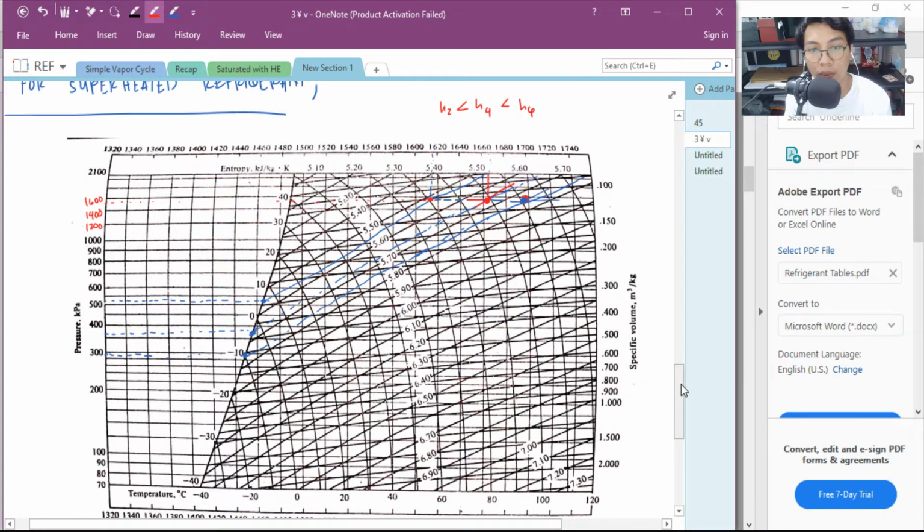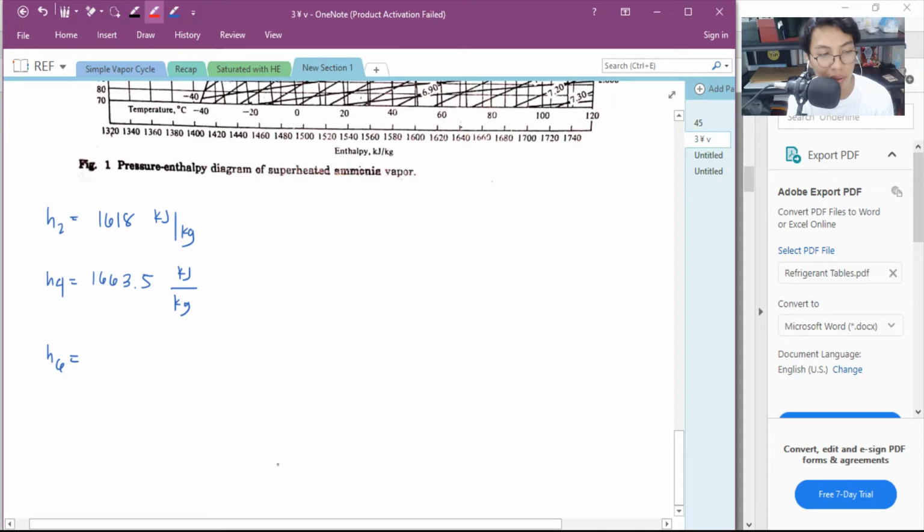Pagpalagay natin, 1.6, yung 1697 o 1696, pwede na yun. 1697.5, lagay mo ulit, kilojoule in every kilogram. Tama naman, di ba? H2 is less than H4 and H4 is less than H6. Correct yung ating condition.